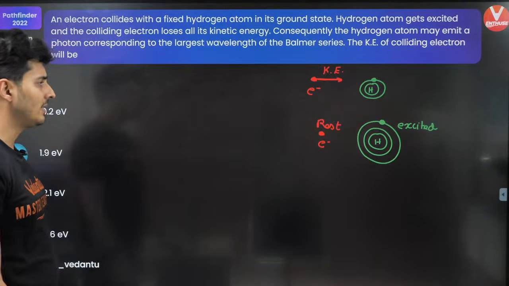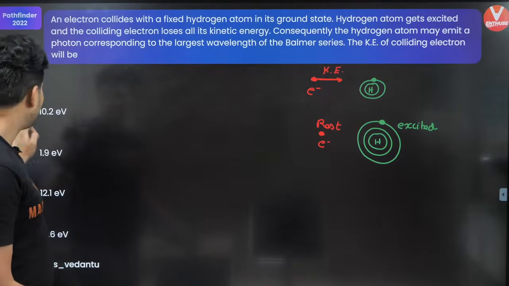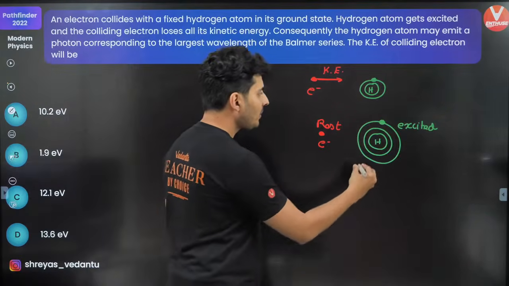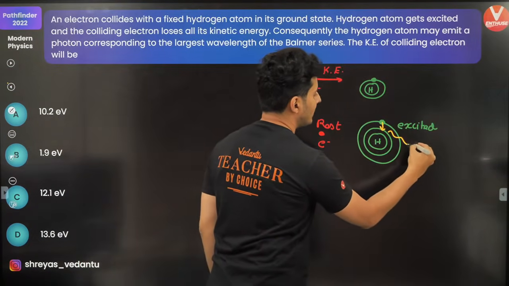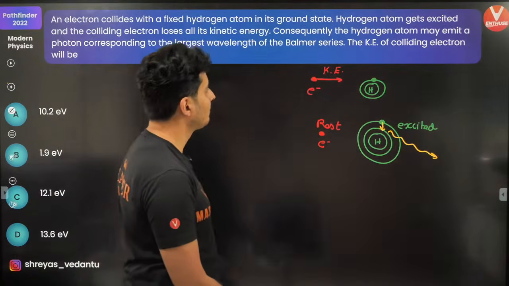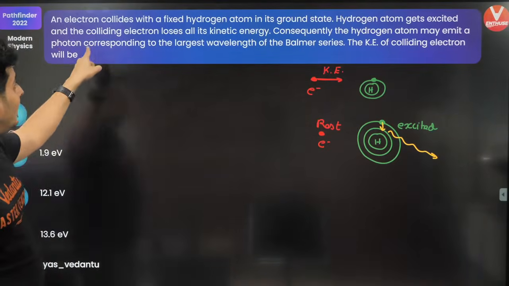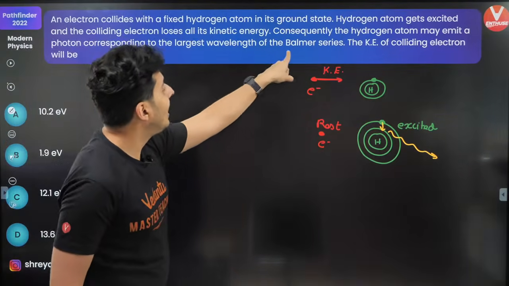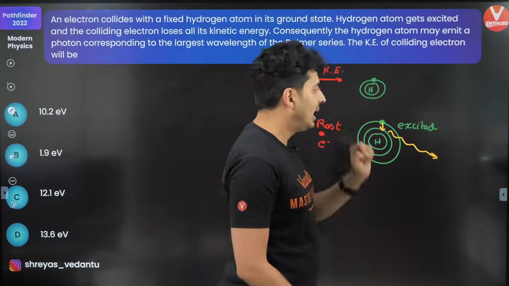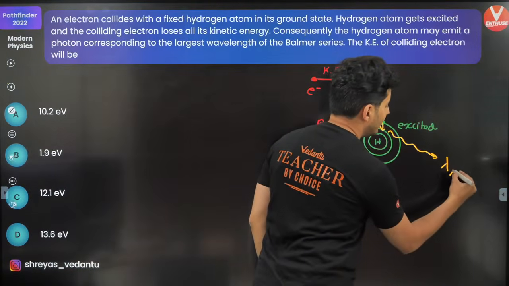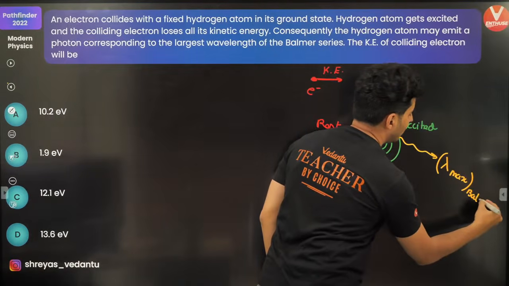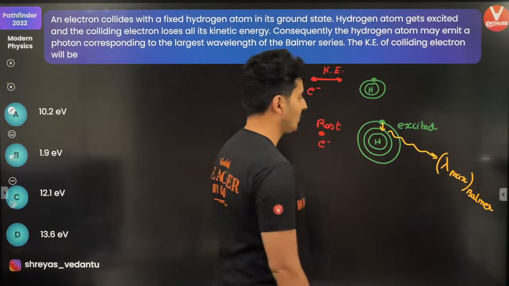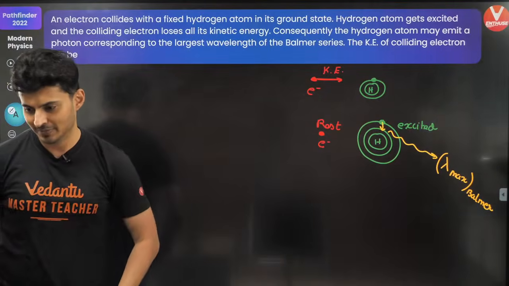I'm just showing some excited state. And once that excited atom comes back to its ground state, you will see a photon will be emitted. And that photon corresponds to the largest wavelength of the Balmer series. So this is lambda max of your Balmer series. Interesting. That's what is happening in the question.